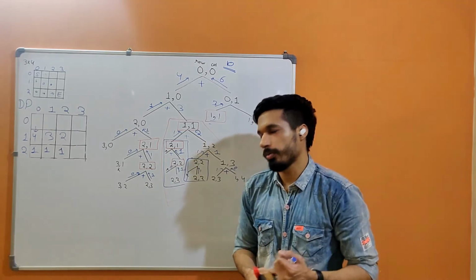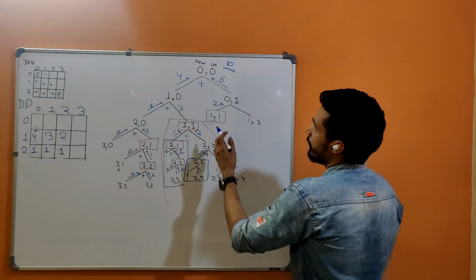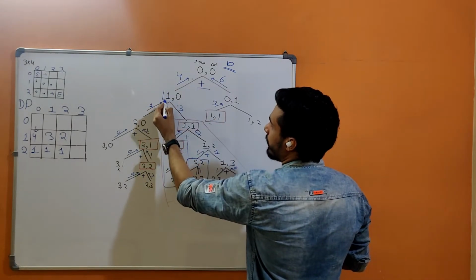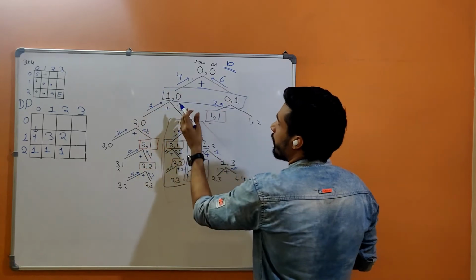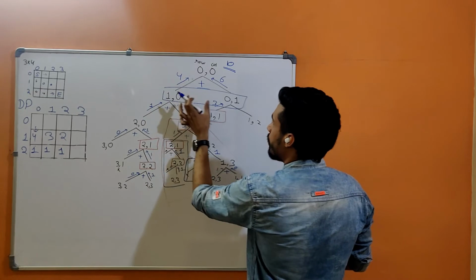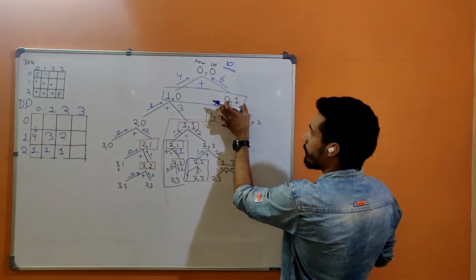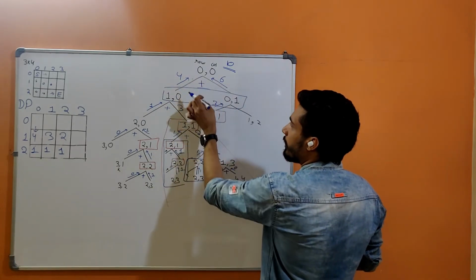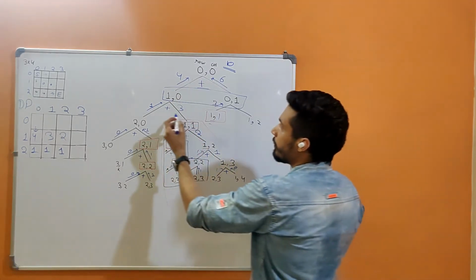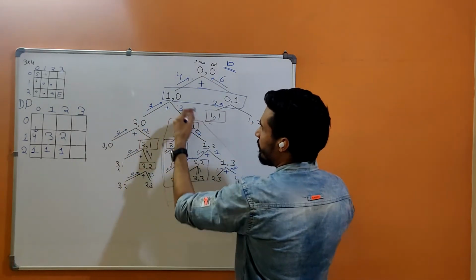Why is it called top-down? Because from the top level we have decided that if we get all the possible paths from down and all the possible paths from left, we just add them up and give the result, right? And we do the same thing in every recursion call.